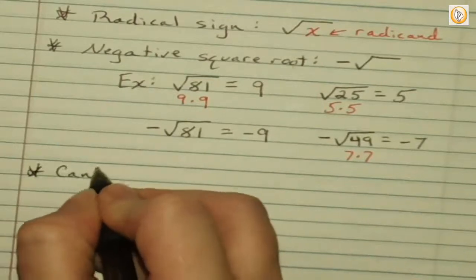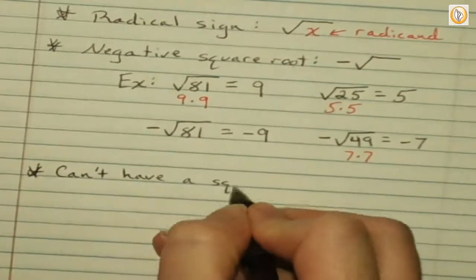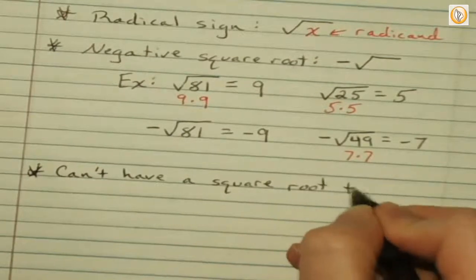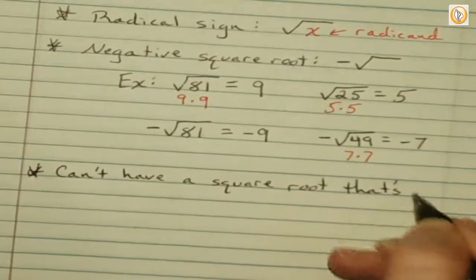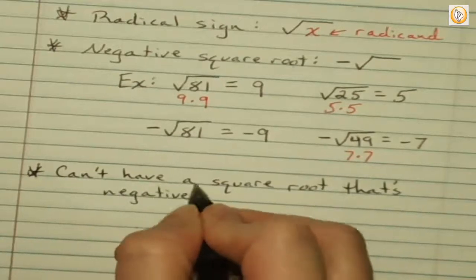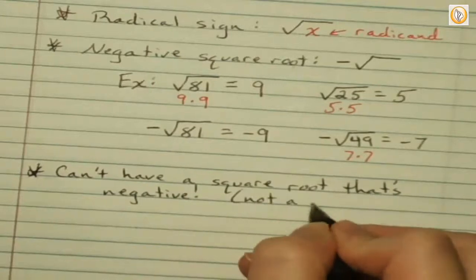You can't have a square root that's negative. It's not a real number.